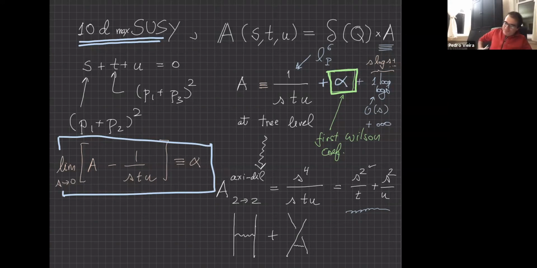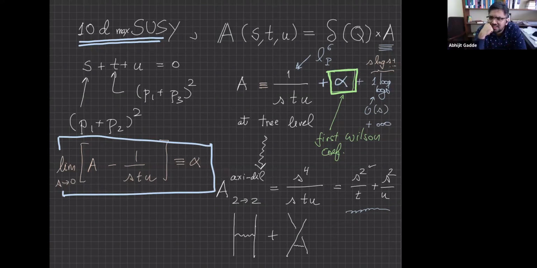So if I were to add terms that are larger than alpha at small s, 1 over s or something like that, what is the problem? You said something, but this is certainly allowed by supersymmetry because this multiplies the delta Q. Is it because it's non-local or something? So before alpha, why can't there be some 1 over s?